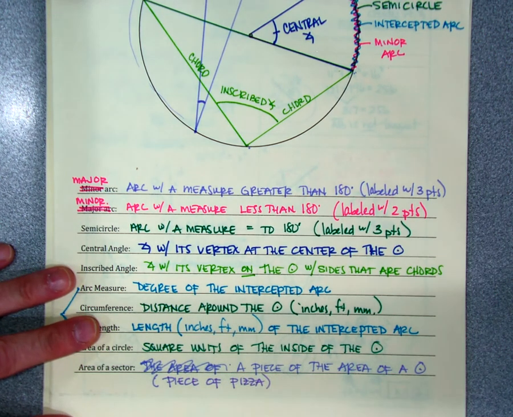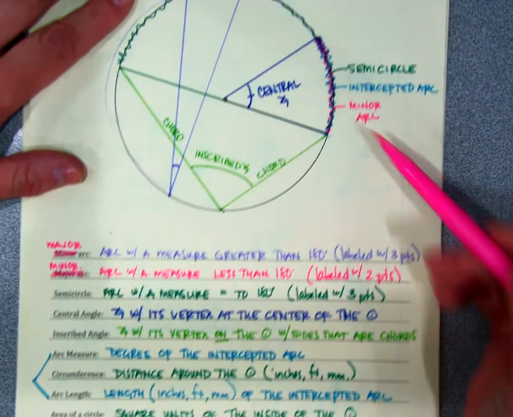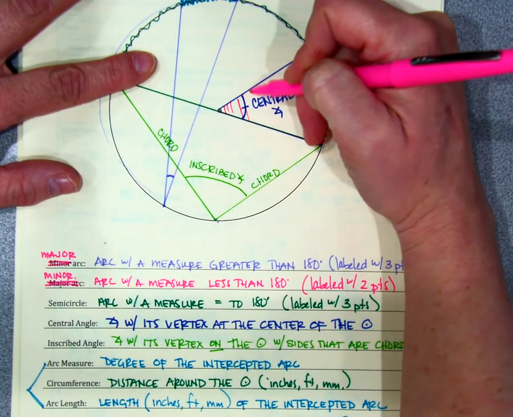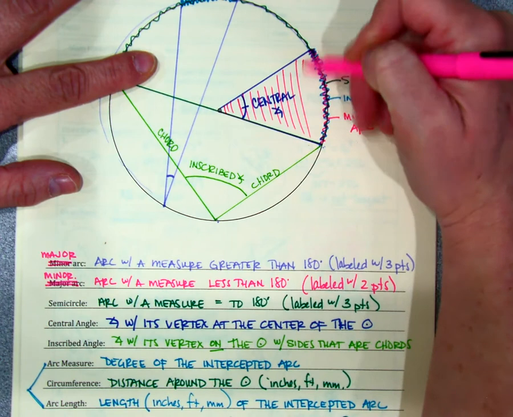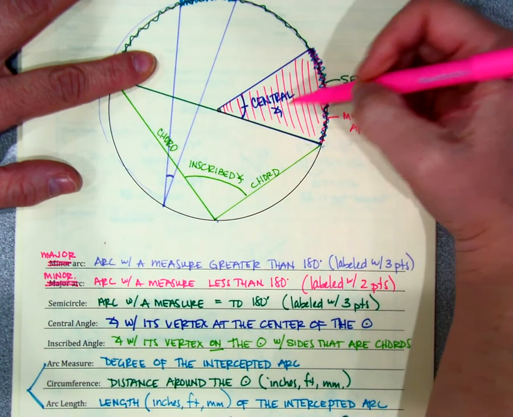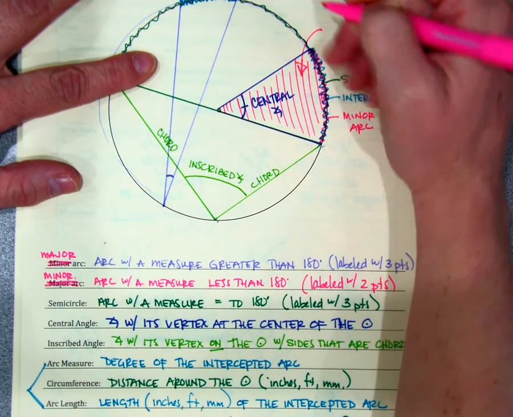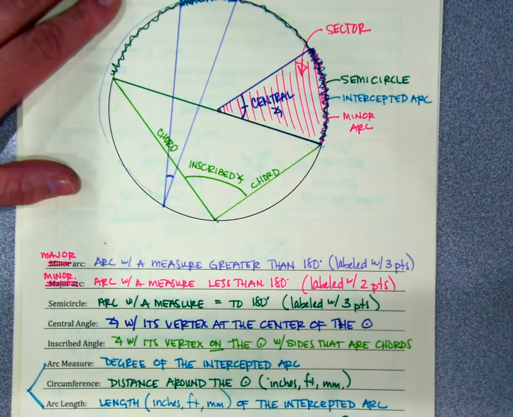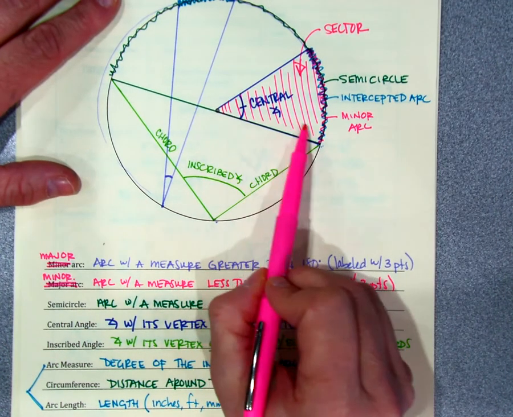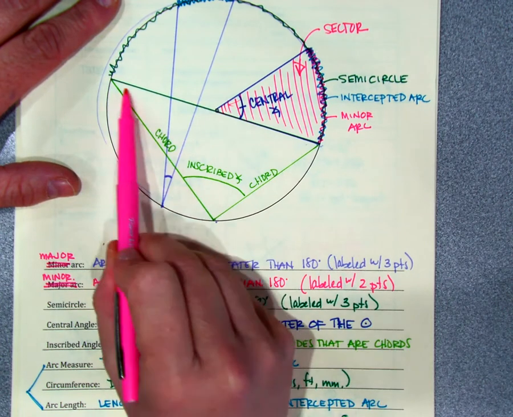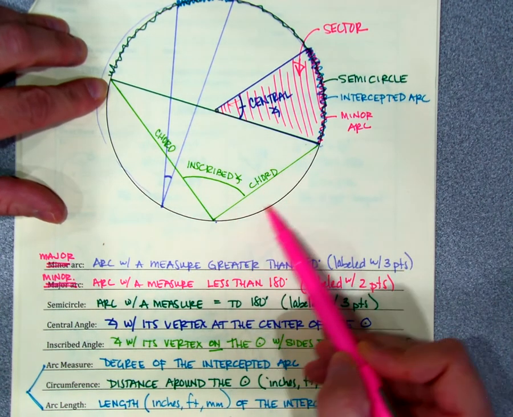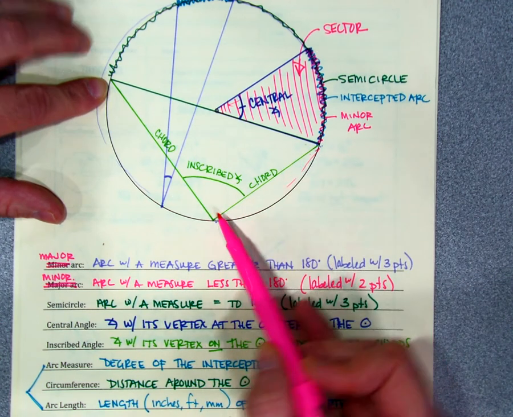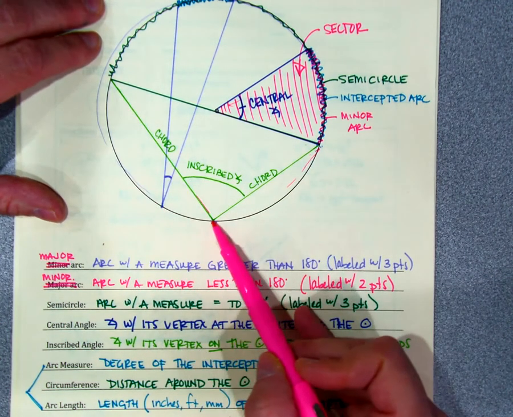Okay, the reason why I did that is because if we look here and we have a central angle, then this piece, which looks like a piece of pizza, is called a sector. So it has to be within and have a central angle. So this sliver right here is not a sector, not the shape of a piece of pizza.